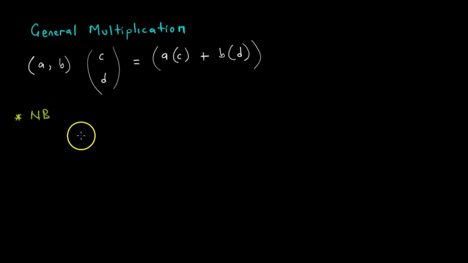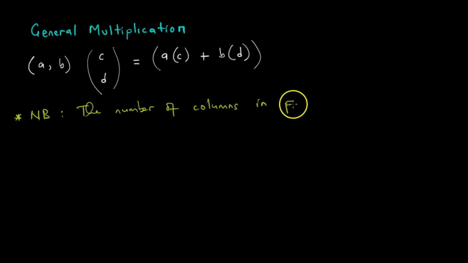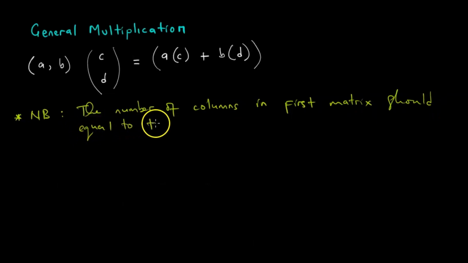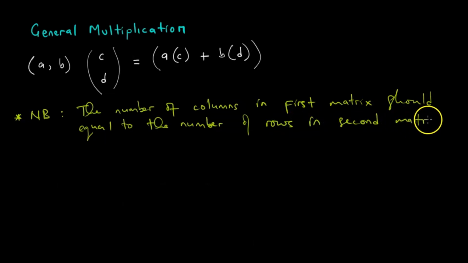Tati, the condition which should be saved for matrices to be able to multiply is that the number of columns in first matrix should be equal to the number of rows in second matrix. This is what we discussed.